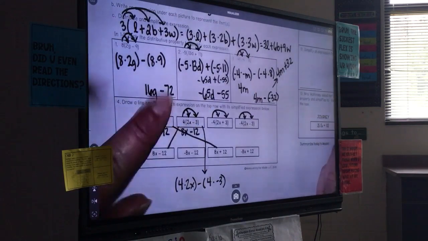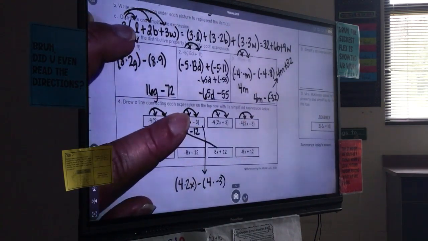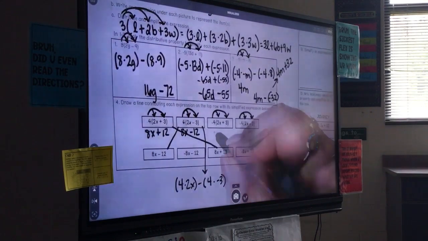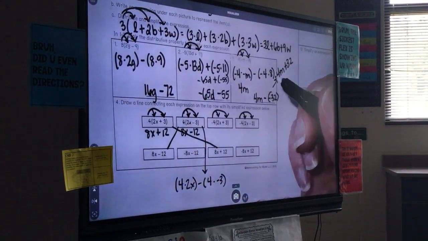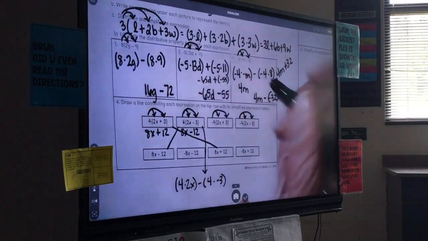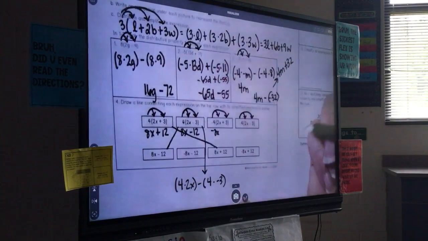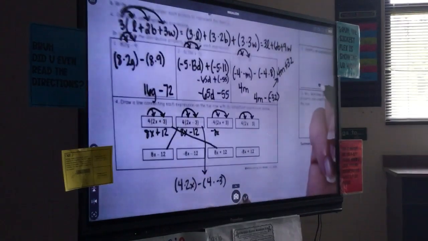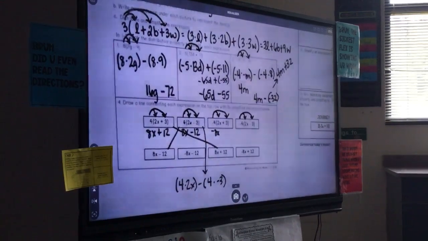So if there is a negative inside the parentheses, or a minus sign, not a negative, let me rephrase my words: if there's a minus sign inside the parentheses, it stays with that number. So like this one, you have negative 4 times 2x. What's negative 4 times 2? Negative 8. And then negative 4 times 3 gives you what? Well, what's negative 4 times 3?